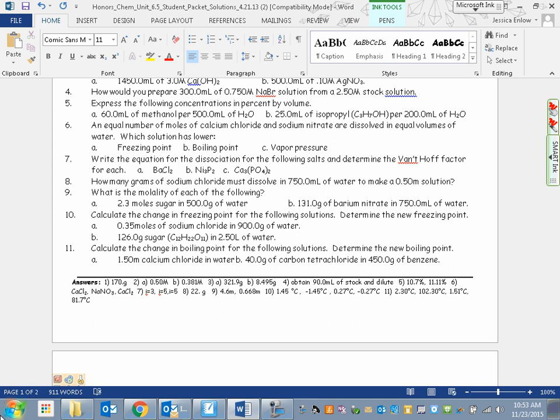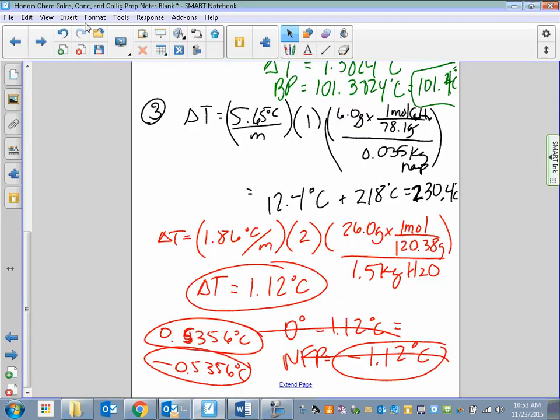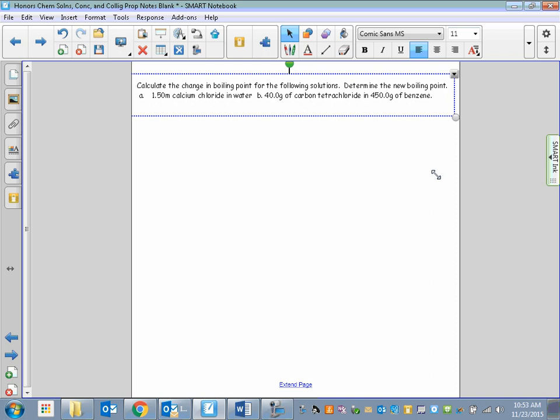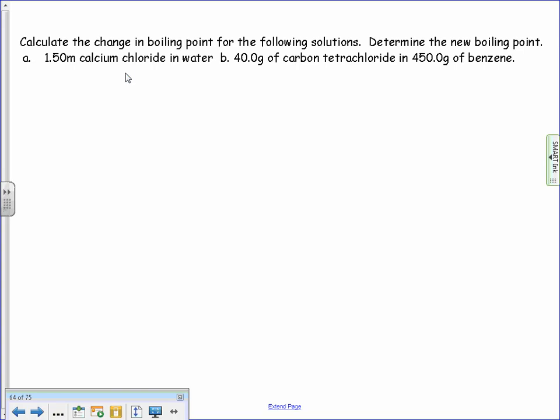So, if you have 40 grams of carbon tetrachloride, what's the formula for carbon tetrachloride? CCl4. Okay, oh, there's a marker. I'm just going to pull this over here so I have some space to write. So 40 grams of CCl4, 1 mole of that.